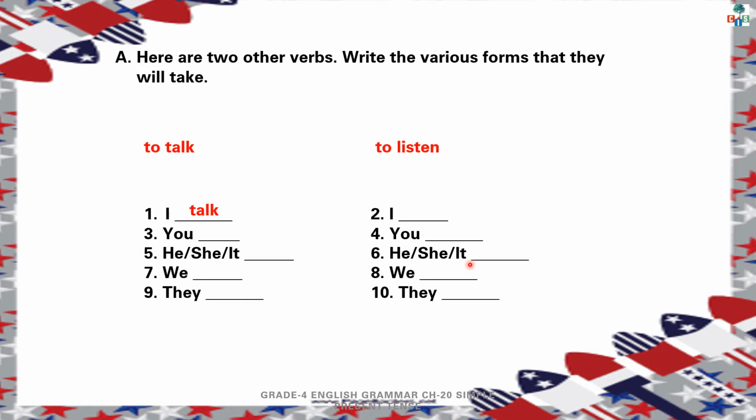And if the pronoun is in the third person singular form, we add s, es or ies to the verbs. So here listens will come. He listens, she listens, it listens. So like this, identify the pronoun or the noun first and use the forms of the verbs accordingly. Clear?